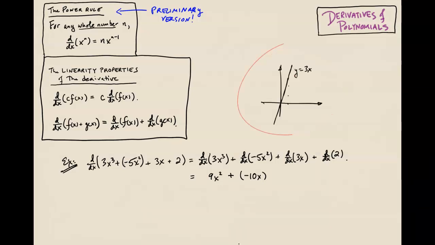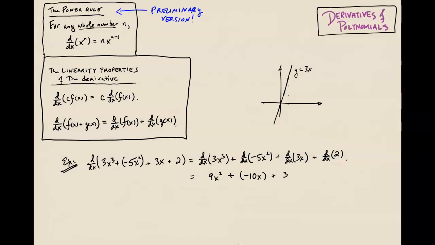The graph of the function y equals 3x is a line whose slope is 3. That means for any value of x whatsoever, of course, the local slope is 3 because the global slope is 3. That means the derivative of 3x is just the constant function 3. Which leaves only our last derivative to take, the derivative of the constant function 2. Well, what's the derivative of a constant function?